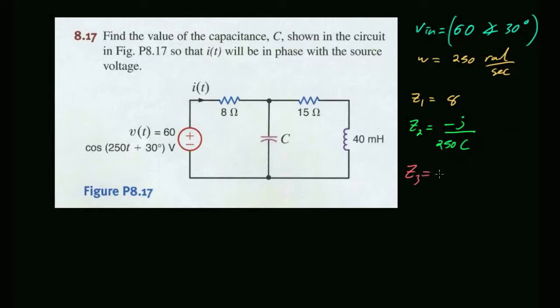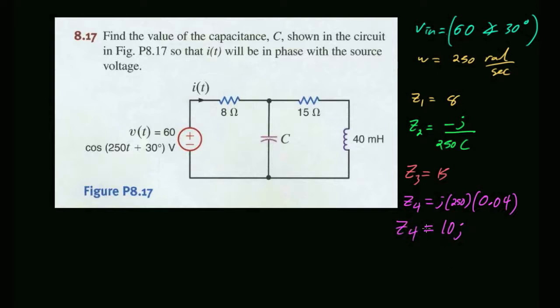Okay, even I can do that. And Z4 equals J times omega times L, which is 40 milli, right? 0.04. Somebody want to be a champ and multiply those together for me? 10. 10J. Pretty sweet, right?